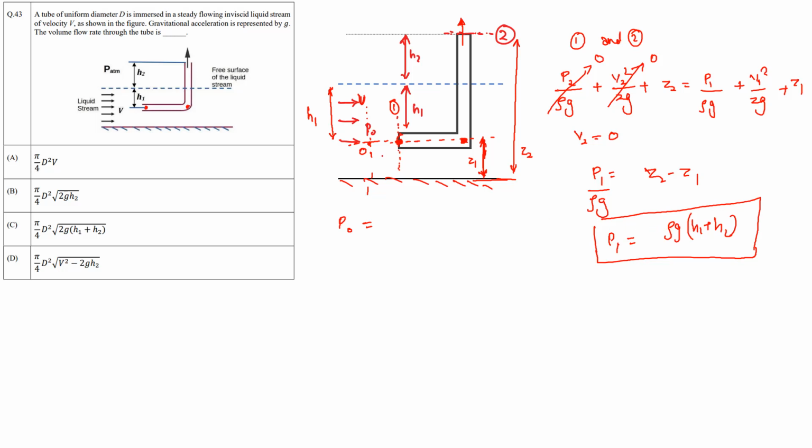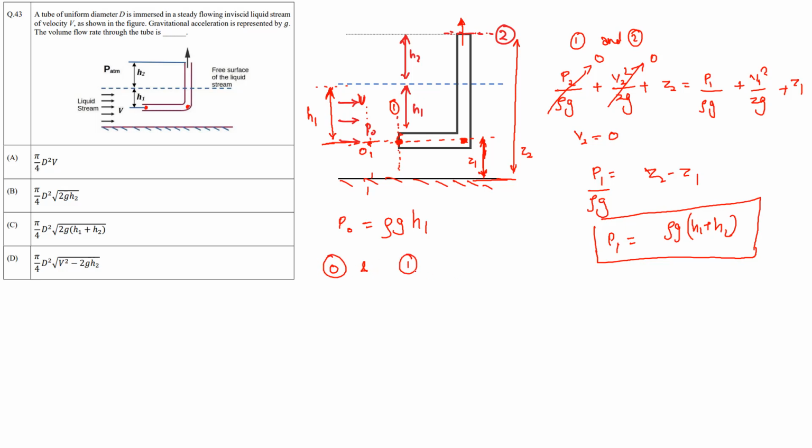First you need to calculate the pressure at P0, which will simply be rho g times H1, because that's the depth until which the fluid will experience the pressure at P naught. And then I guess you can apply Bernoulli between 0 and 1.